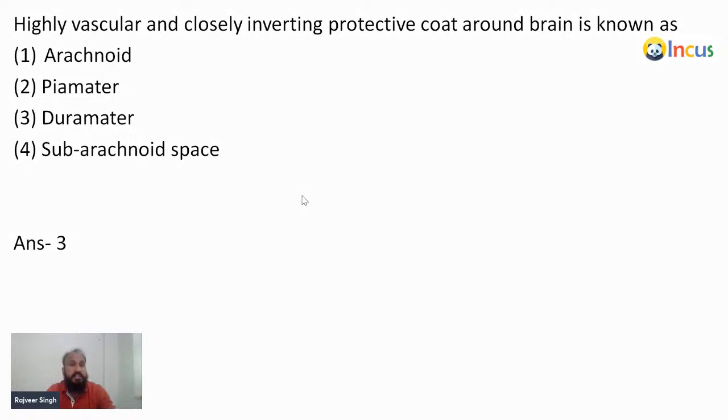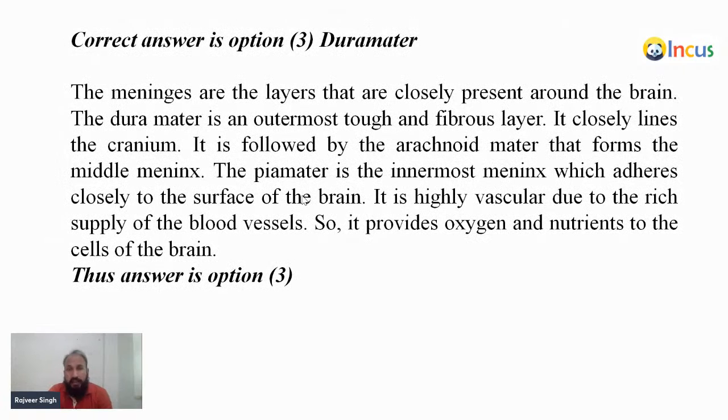Next question is, the highly vascular and closely investing protective cover around the brain is known as what? Arachnoid, pia mater, dura mater, subarachnoid space. The answer will be dura mater. If I talk more about dura mater, the meninges are the layers that are closely present around the brain, and the dura mater is the outermost tough and fibrous layer.